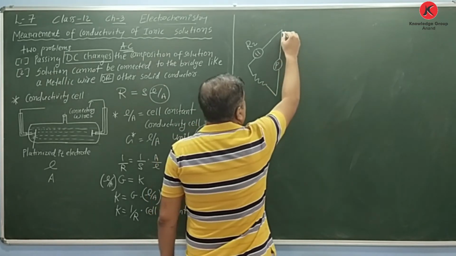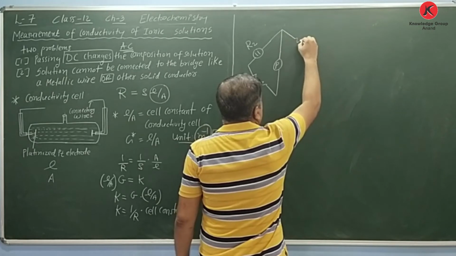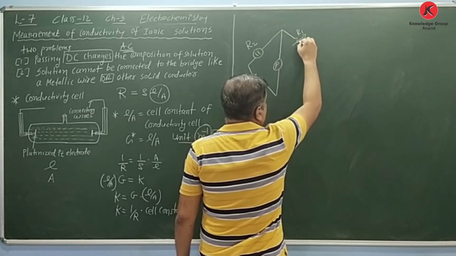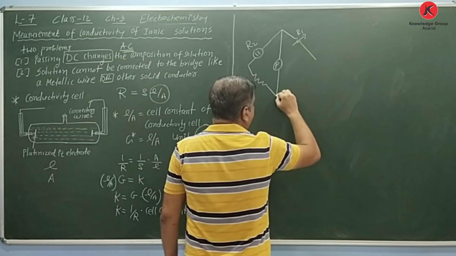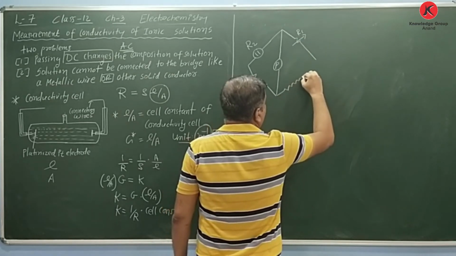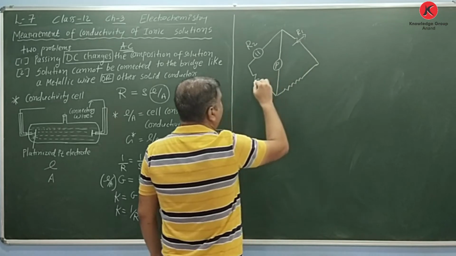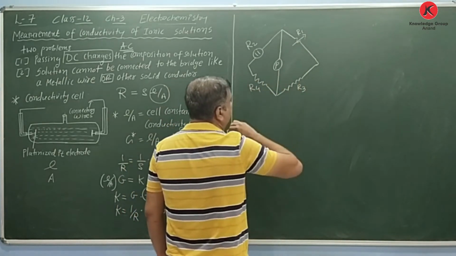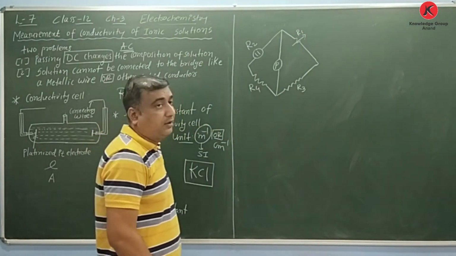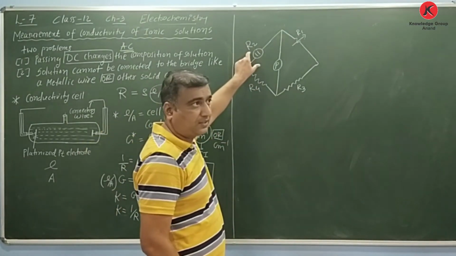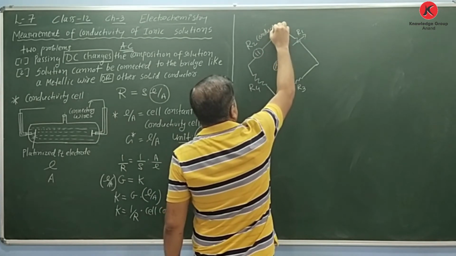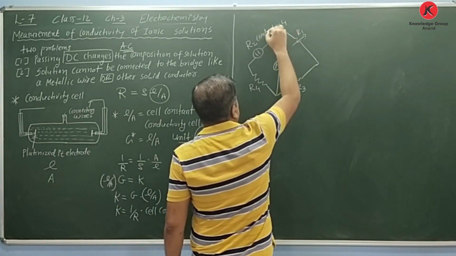This will be R1. Suppose this is R4 and this is R3. Now here R2, that means the conductivity cell whose resistance is to be measured.